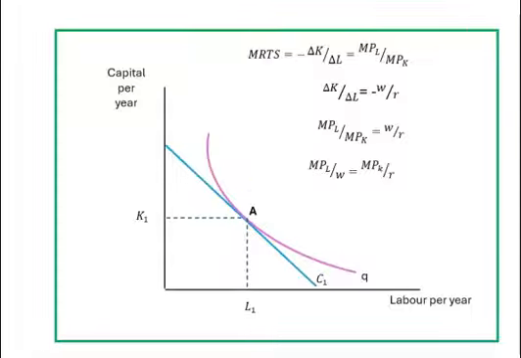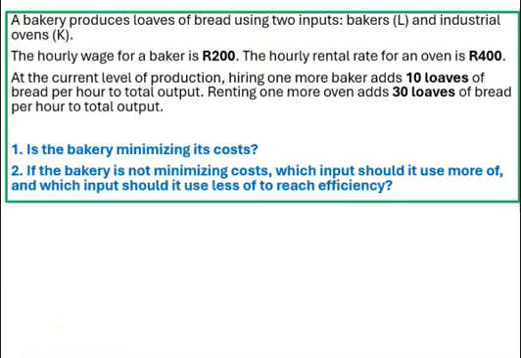Let us look at the following example. A bakery produces loaves of bread using two inputs, that is bakers, that is labor, and industrial ovens, that is capital. And the hourly wage for a baker is 200 Rand, and the hourly rental rate for ovens is 400 Rand.